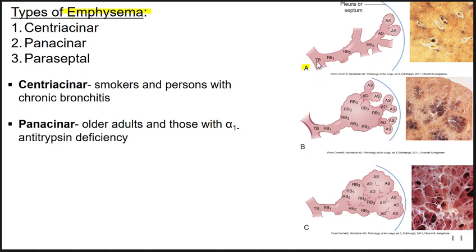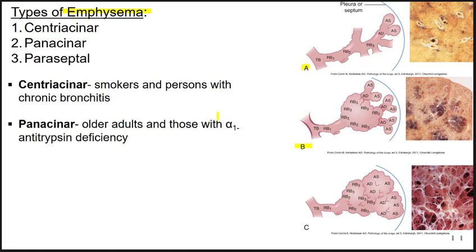To simplify things, they've just used initials here, but TB represents the terminal bronchioles. Then we have the respiratory bronchioles, and then as we move deeper into the lungs, we end up at the alveolar ducts and then the alveolar sacs. So this is what normal should look like for our learning purposes, when we have a look at some abnormal.